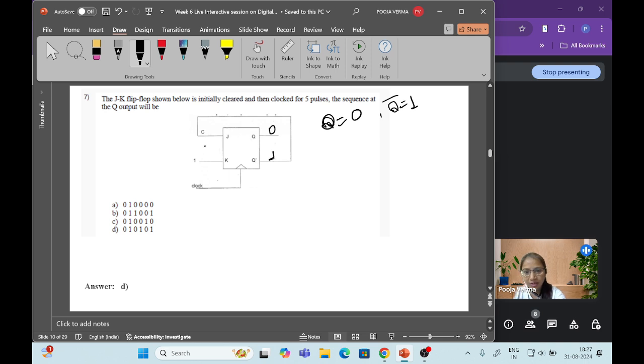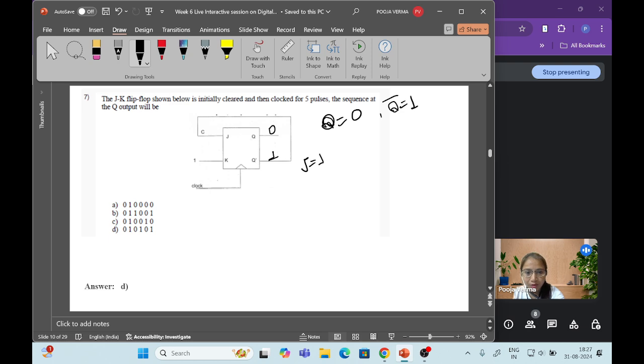Now K is 1. It is always set to 1. Now J will change. J is connected to Q dash, so whatever value Q dash has, it will go to J. First let's check that. In the first case, what is J?